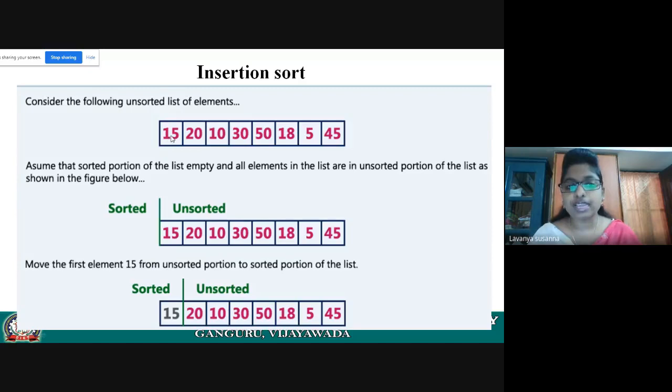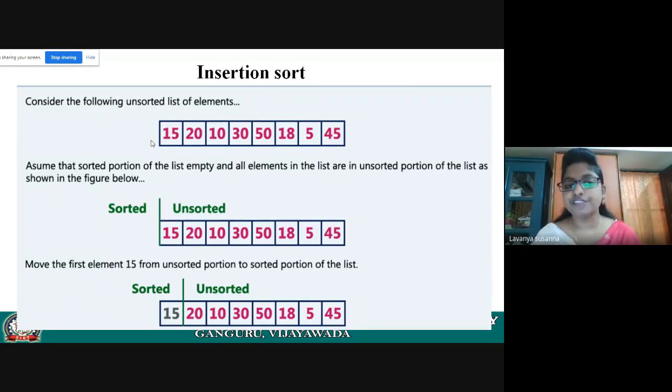Sort the following elements. First, write down the question. Sort the following elements 15, 20, 10, 30, 50, 18, 5, 45.